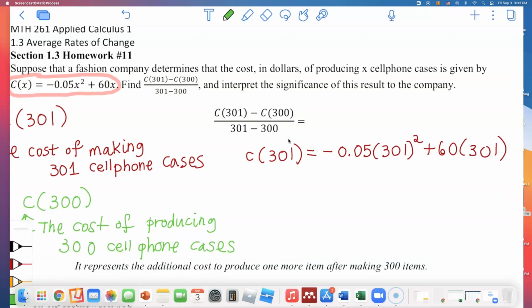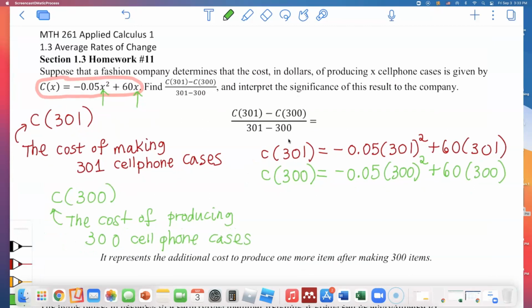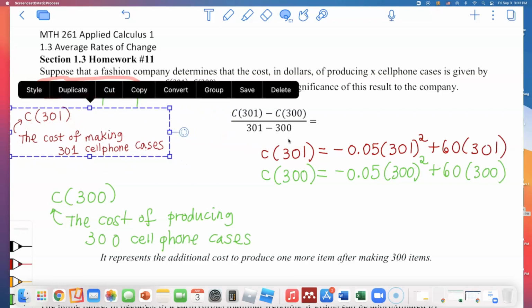And let's do the other one too, C of 300. I need to plug 300 into this function. So negative 0.05 times 300 squared plus 60 times 300. I'm going to need to get a calculator for these.